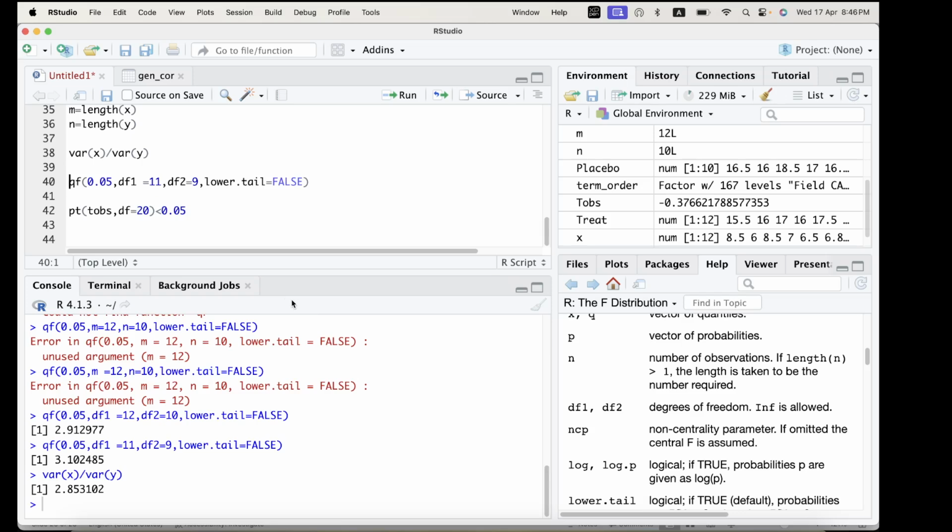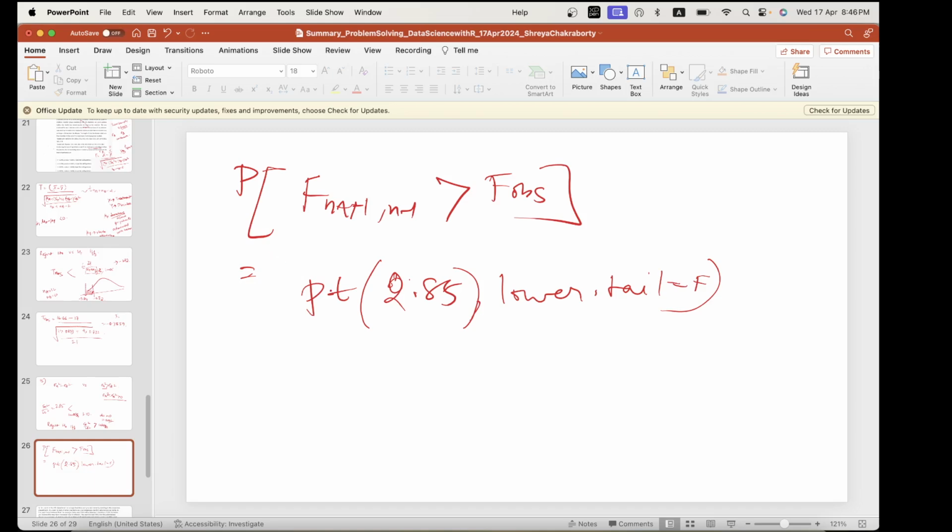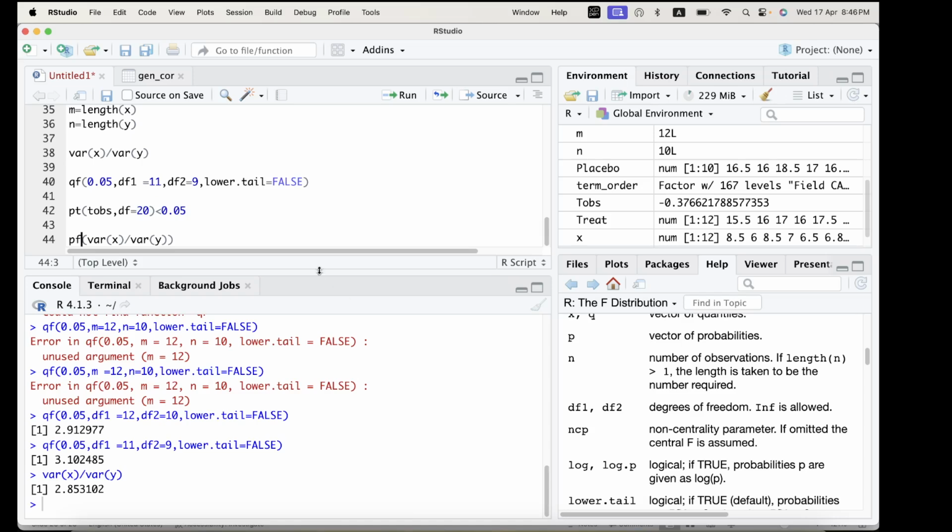So if I write it here, PT, sorry, not PT, PF. Extremely sorry. This is F. PF of this thing, and m minus 1 is df1 is 11, df2 is 9, and lower.tail equal to true.